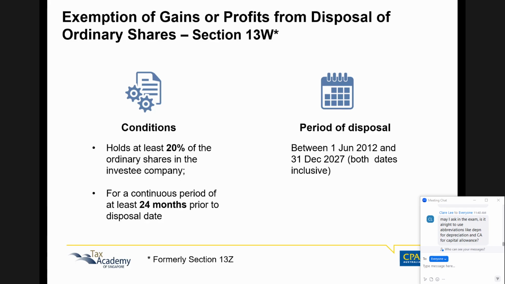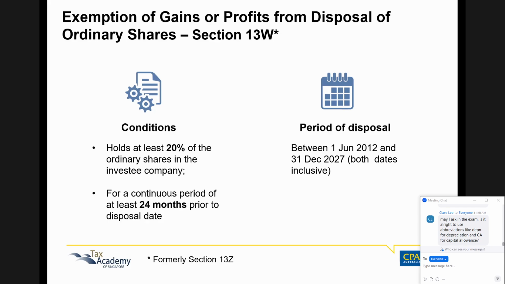But this exemption would say that if you meet all these conditions, I'll give you the certainty not to tax you on the gains or profit. So the conditions are that you need to hold at least 20% of the ordinary shares in the company whose shares you buy, and it is for a continuous period of at least 24 months prior to the disposal date.